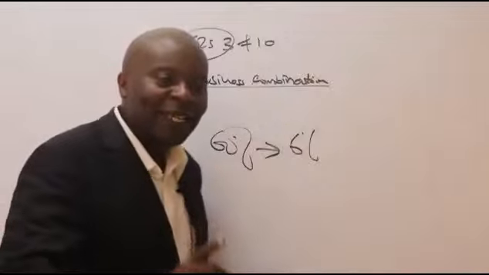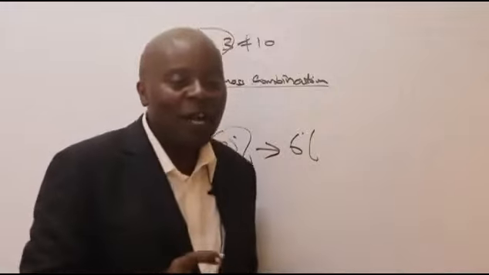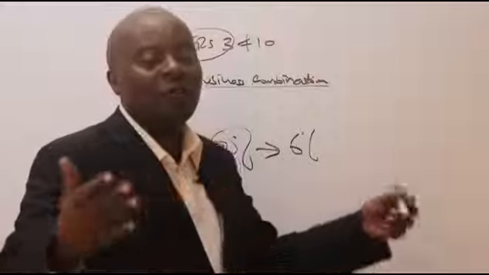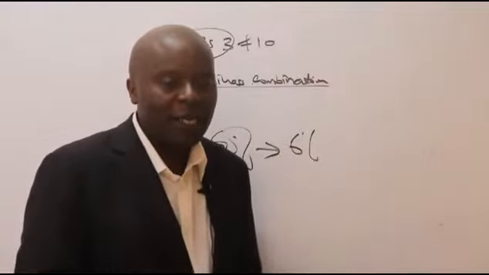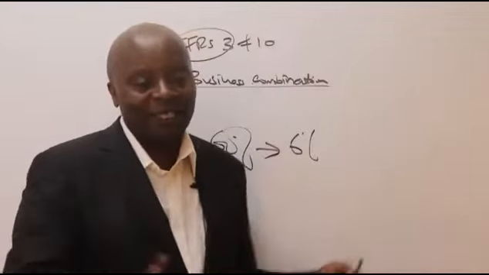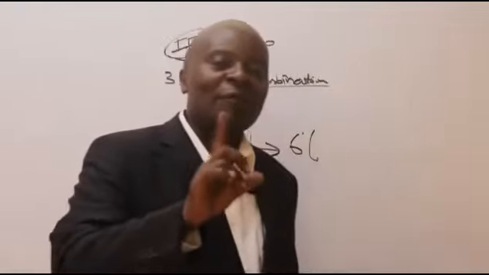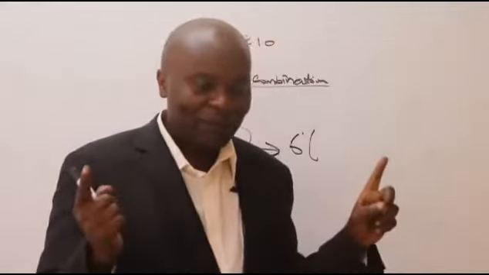So, ladies and gentlemen, it is all about who is in control. It's no longer about who has over 50%. The threshold of over 50% is no longer there. I would want to hear from you whether you now understand the concept of parent and subsidiary.